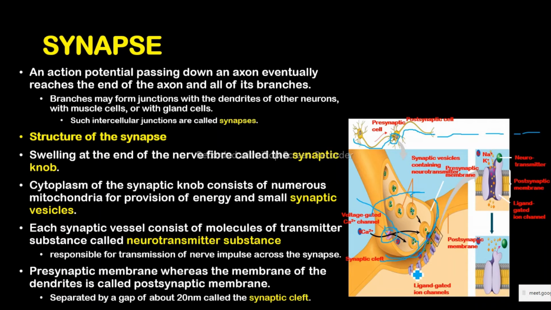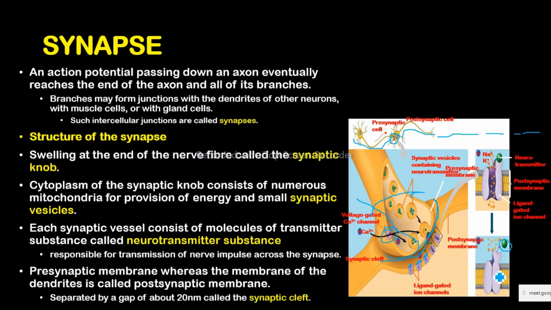But here in this case, they are gated channels because they have gates, and those gates are always closed. But they are opened by a ligand, and in this case the ligand is acetylcholine. When that ligand binds to the receptor, the gate is opened and there will be an influx of sodium ions and potassium ions.